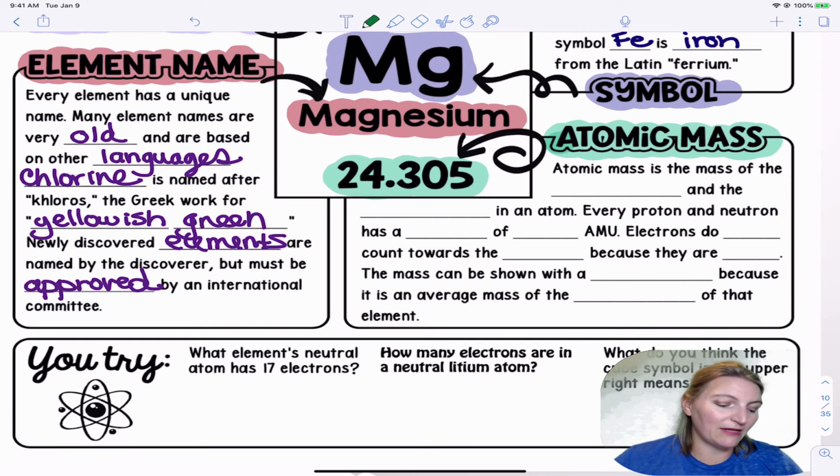So the atomic mass is the mass of the protons and neutrons in an atom. Every proton and neutron has a mass of 1 AMU. Electrons do not count towards the mass because they are tiny. The mass can be shown as a decimal because it is the average mass of the isotopes of the element.